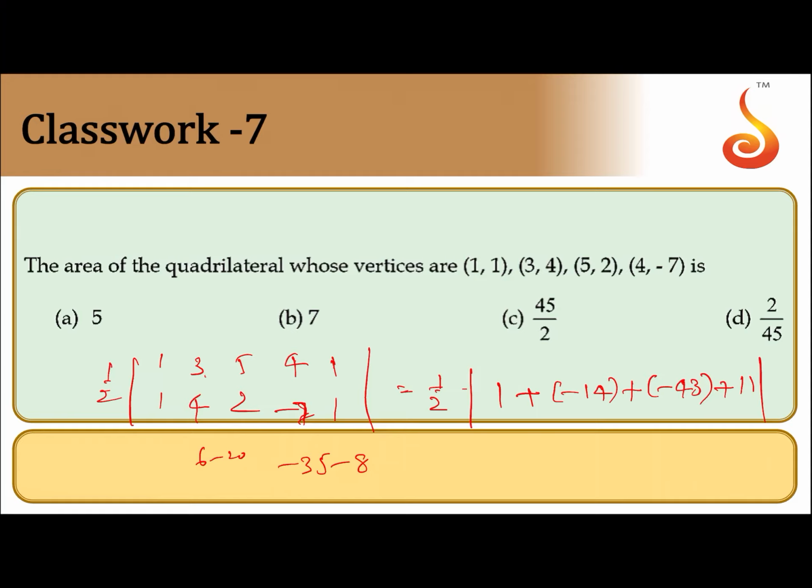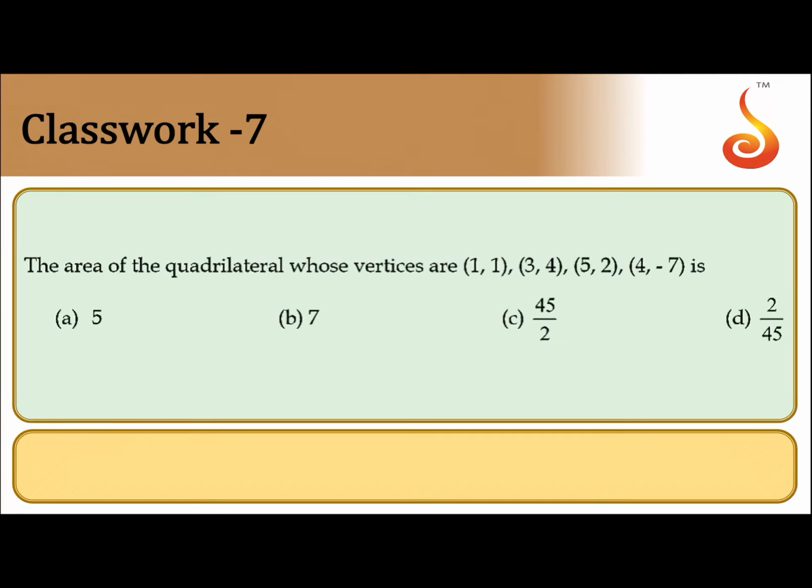So when you simplify, you'll be getting 57 minus 12. When you subtract, I think you'll be getting 45 by 2. So 45 upon 2. So the answer is C.